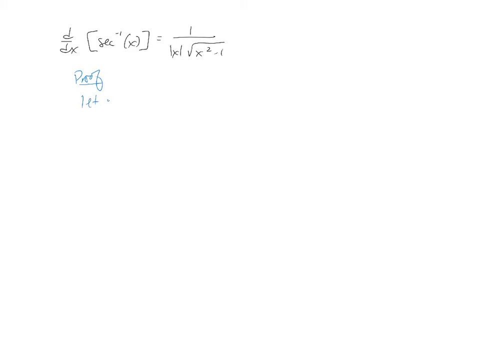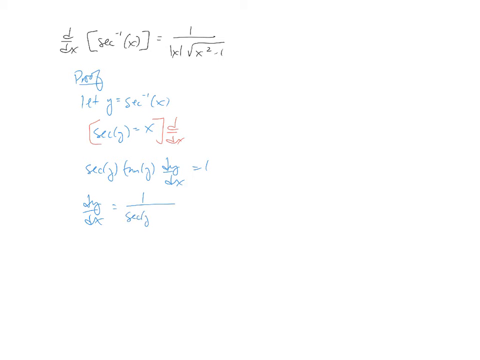If we let y equal the inverse secant of x, then we know that the secant of y would equal x. d/dxing both sides is going to give us now secant y tangent y dy/dx equaling 1. And then that dy/dx is going to equal 1 over secant y tangent y.